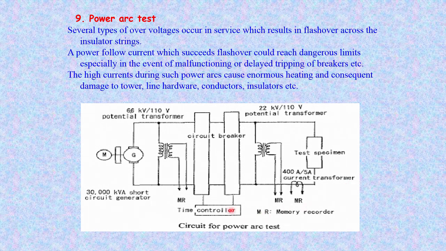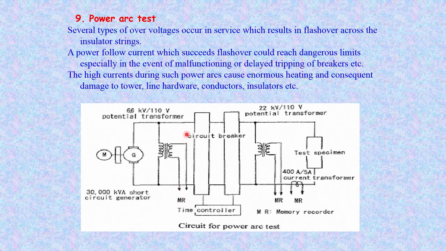This shows the circuit for the power arc. The short circuit generator could be of a prescribed value depending upon the equipment to be tested. What is presently shown here is a 30,000 kVA short circuit generator, which is very important here. It has to deliver that amount of current during the flashover which is being prescribed.